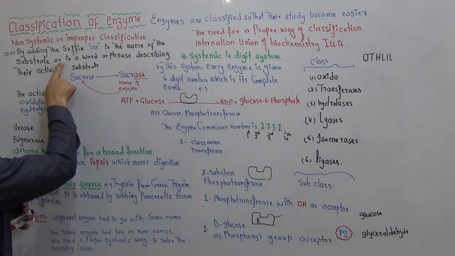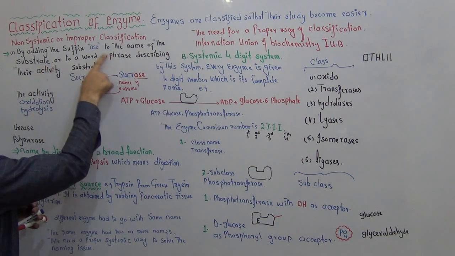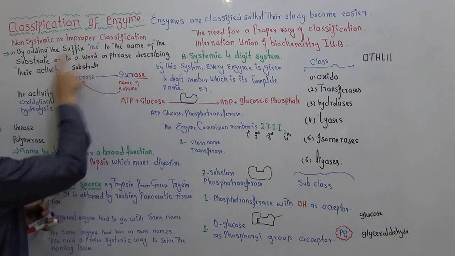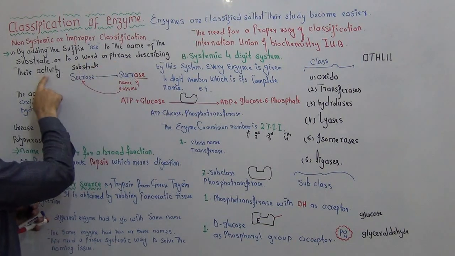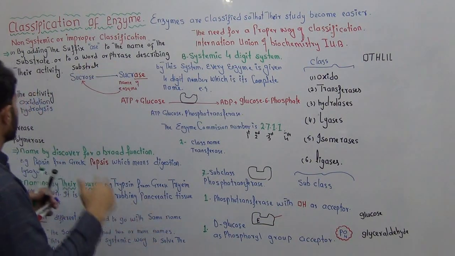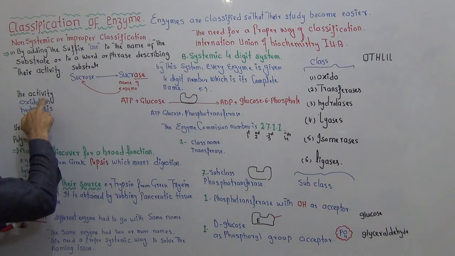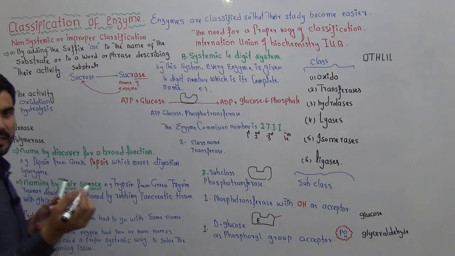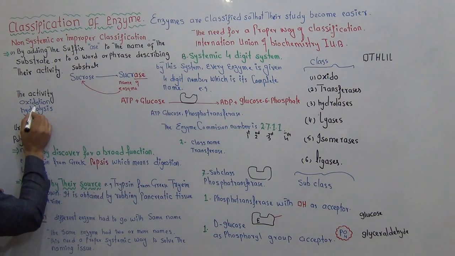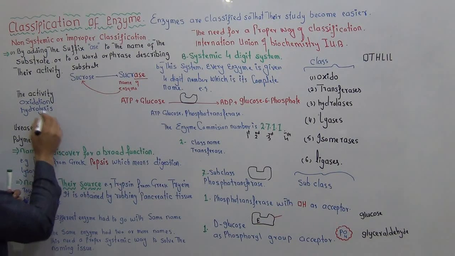The second thing in the same system is that you add the word ASE to a word or a phrase describing the activity. Now this time we will take some activity, like there is an enzyme and the enzyme is involved in oxidation or hydrolysis. Now what is oxidation?